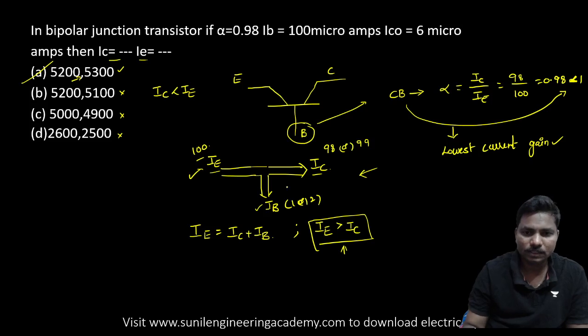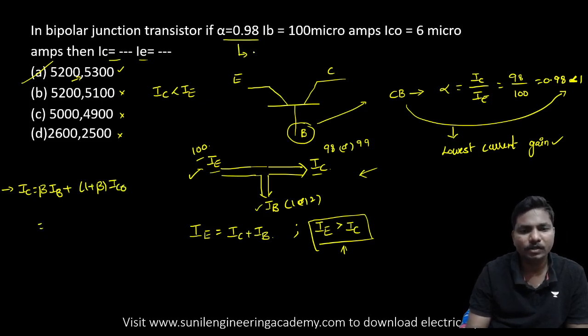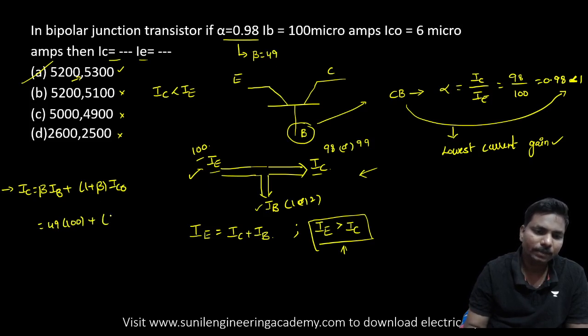If you want the conventional method, you can also go with IC is equal to beta into IB plus 1 plus beta into IC naught. Substitute the values. If alpha is 0.98, what is beta? You will get 49. So 49 into IB, which is 100, plus 1 plus beta, 49 plus 1, 50, into IC naught, which they have given as 6 microamps.